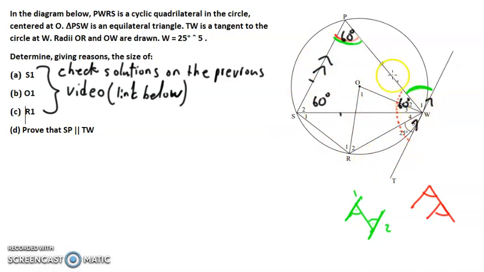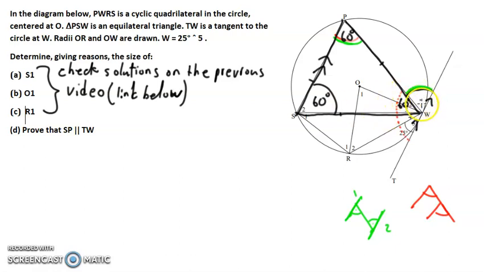If you look at this diagram, you'll find that we have a triangle P, W, S. If you look at this triangle, I think it's fair to say that this angle is equal to that angle there.